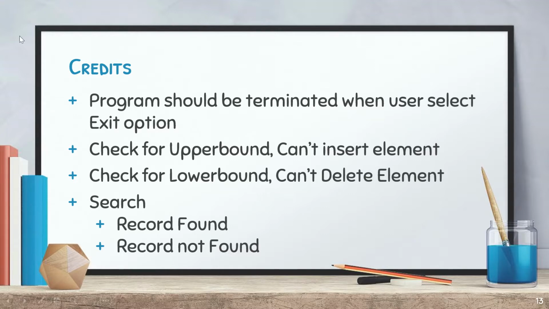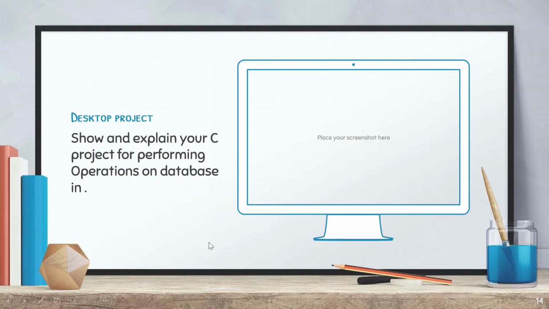Similarly, you cannot delete an element from an empty database, right? So you need to check that the element count should be greater than 0. If you are performing the search operation, both cases should be handled: the record is found and the record is not found. So it is expected that you implement your program and perform all these operations on this database.